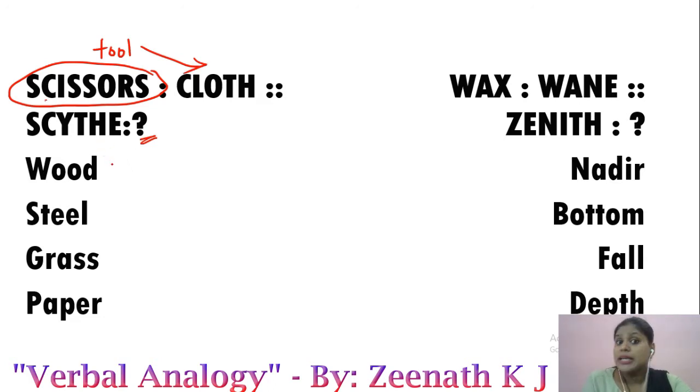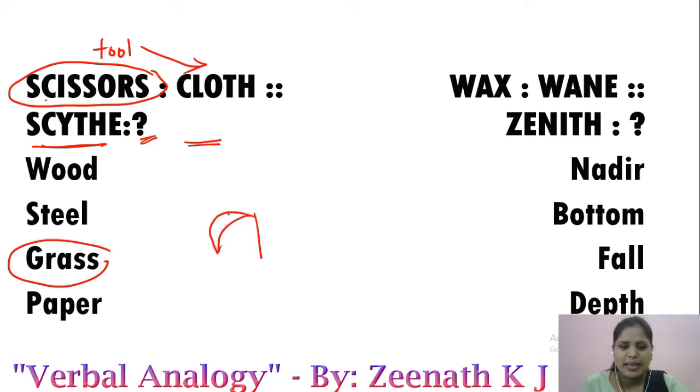Likewise, you can easily guess, scythe also has to be a tool which is used to cut what is the question we are looking for. So the answer has to be definitely grass, because a scythe is a tool which looks like this. People use that to cut grass. People who are into gardening, or at least if you have a garden at home, you would have seen this tool being used to cut the grass. So the answer to this question has to be grass.